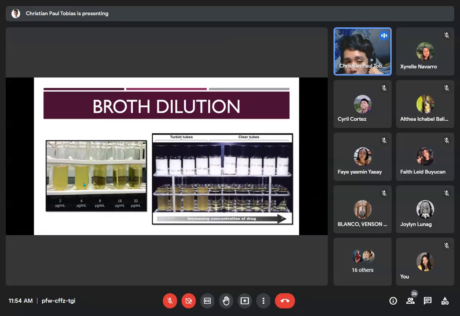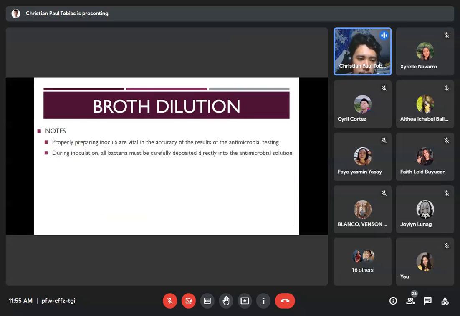Then, you incubate. Syempre may label tong mga to, hindi pwedeng walang label. Sabi ko nga last time, ang buhay ng medtech, labeling. Okay? And you incubate, then tignan mo yung growth kinabukasan. Kunwari, wala siyang growth dito sa 8. So your MIC is 8. Okay, nakuha naman natin lahat.